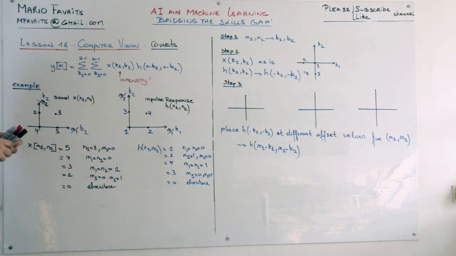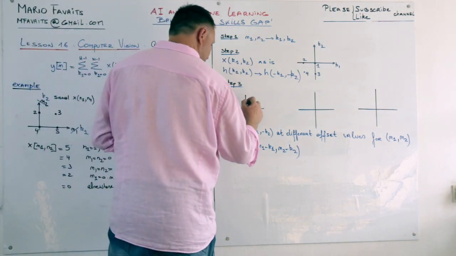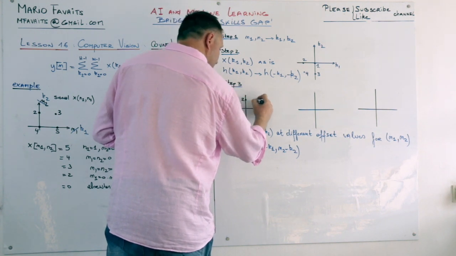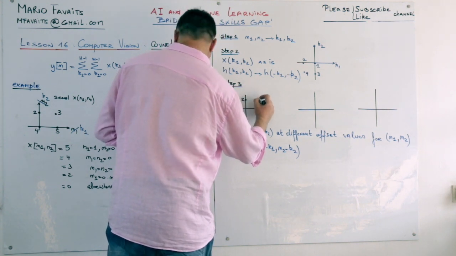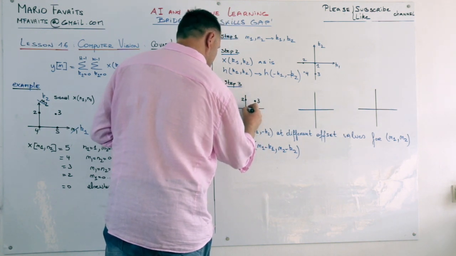For example, situation 1: the X we keep is 2, 3, 5, and 4.